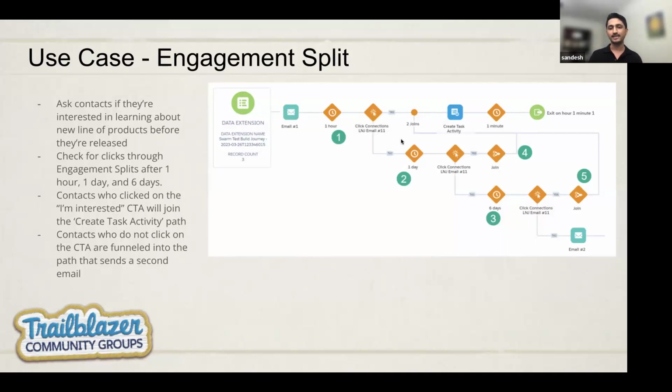And what the engagement splits here are doing, so there's one engagement split here that's waiting for an hour. And if somebody clicks on the email, clicks on the CTA, it's immediately creating a task for somebody to follow up, or whatever is in your use case, right? And then it's again sending everybody that did not click on the CTA to another path where it waits for a day more.